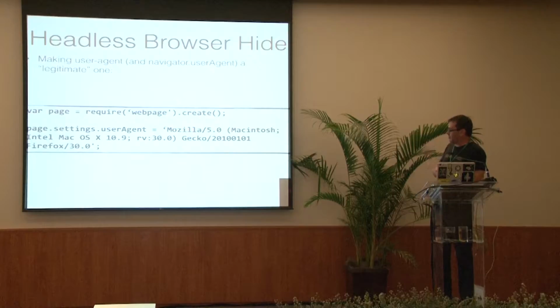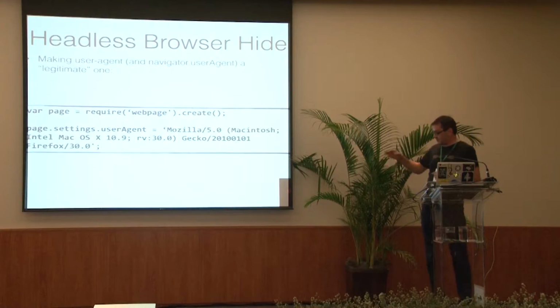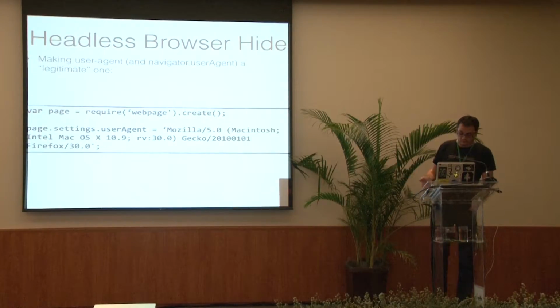Plus, it gives you more control, so by executing this code you can even change navigator object properties of the JavaScript environment. So navigator.userAgent would show whatever you set through your PhantomJS script. So it's easy to evade.